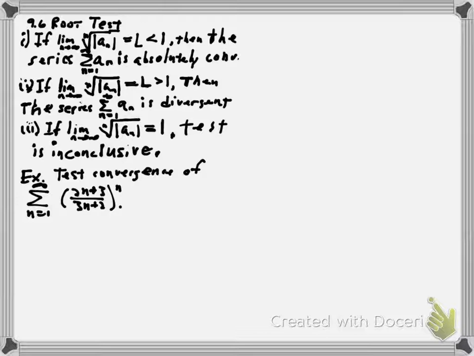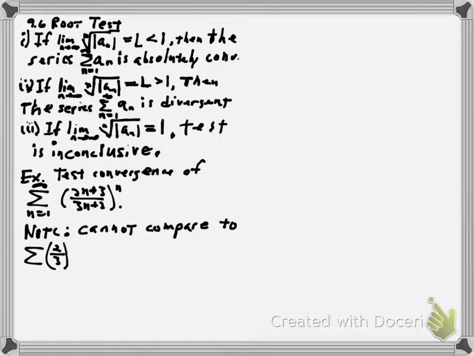we can't quite get the inequality in the right direction. So let's just note that we cannot compare to a geometric series of ratio 2/3 since the inequality is just in the wrong direction.